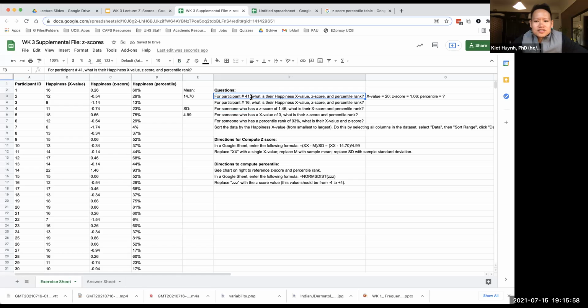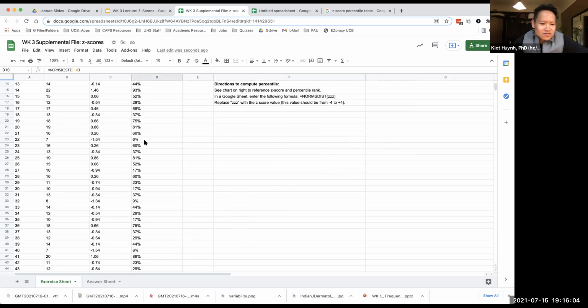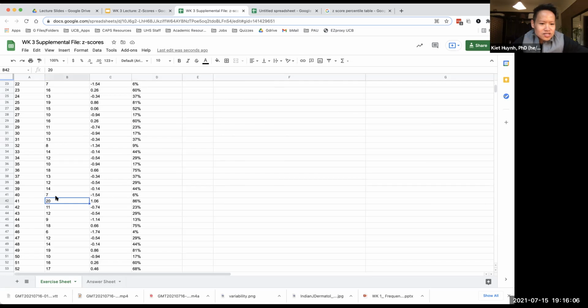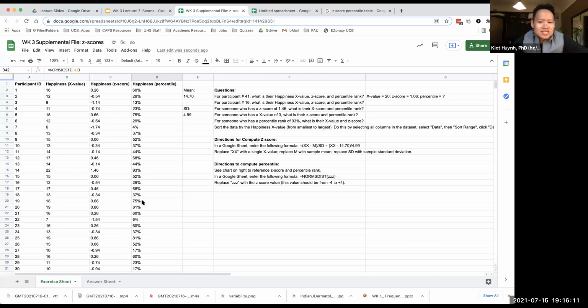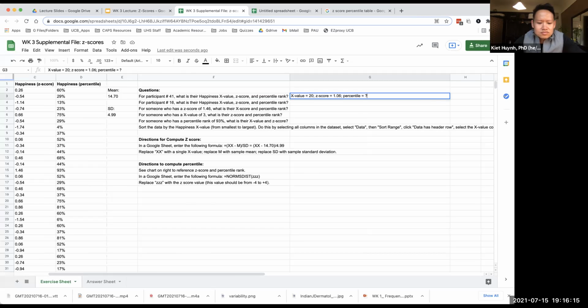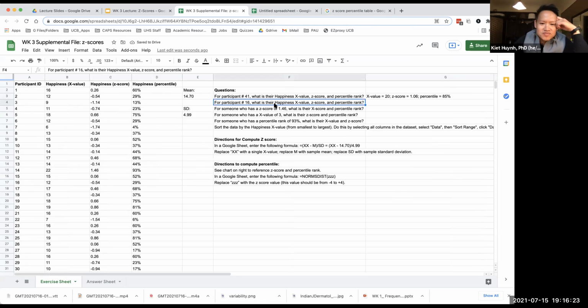So for the first question, for participant 41, what is the X value, Z-score, and percentile rank? 41. X value is 20, Z-score is 1.06, percentile rank is 86%. That's the answer. For participant 16, what is their happiness X value, Z-score, and percentile rank?